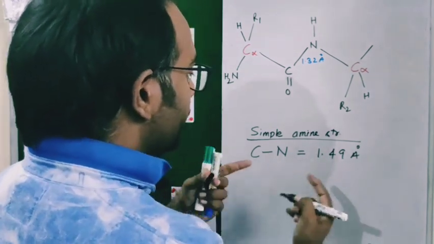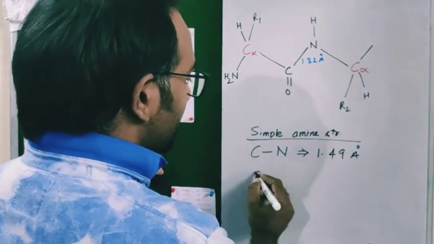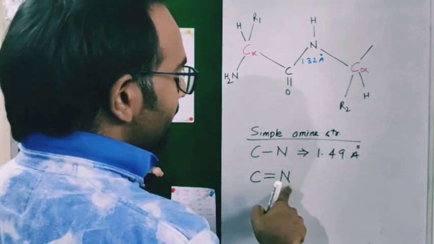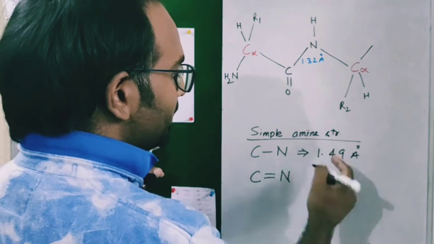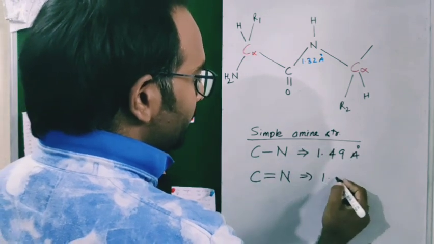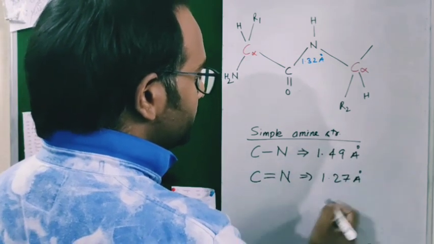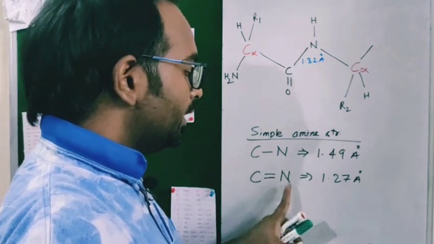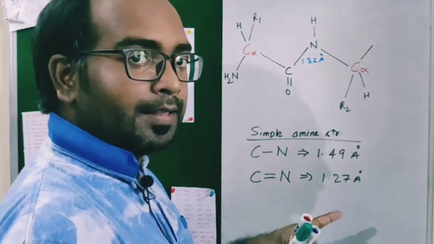And the length of the double bond between C and N in the simple amine structure is 1.27 angstrom. So the length of the double bond of the amide bond is 1.27 and the length of the single amide bond is 1.49.